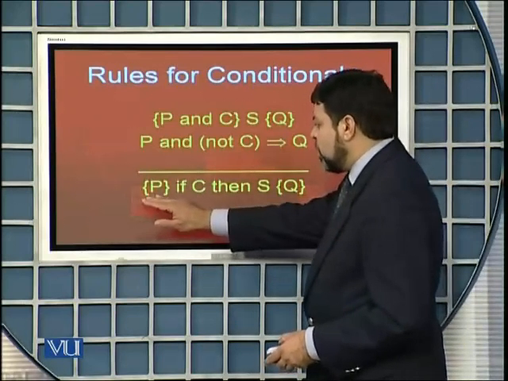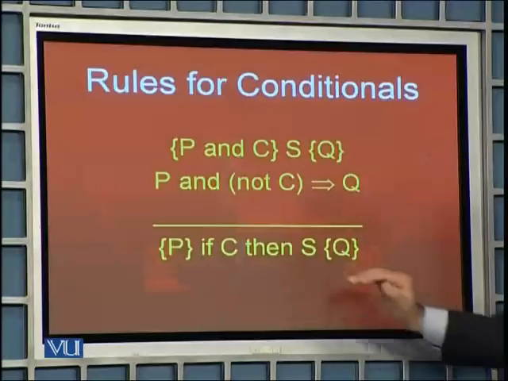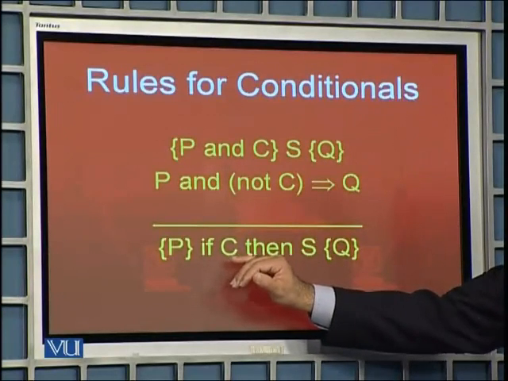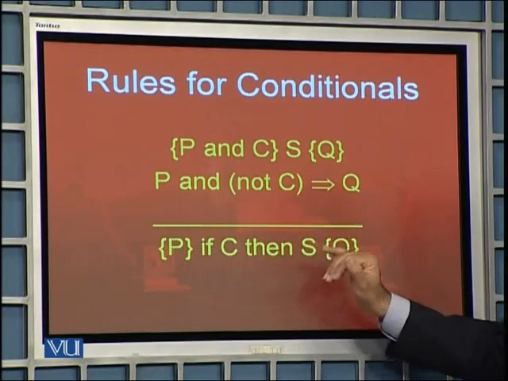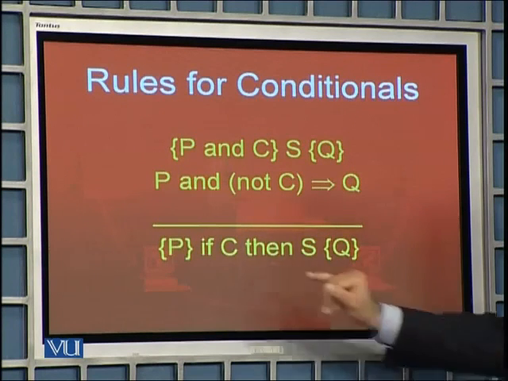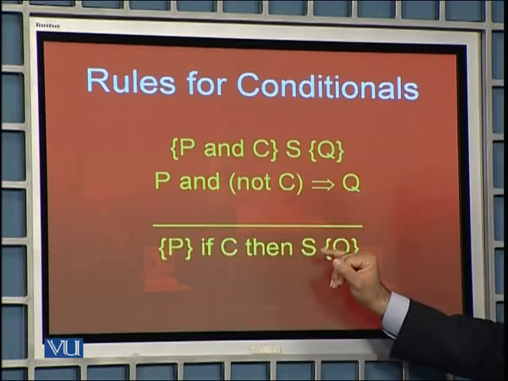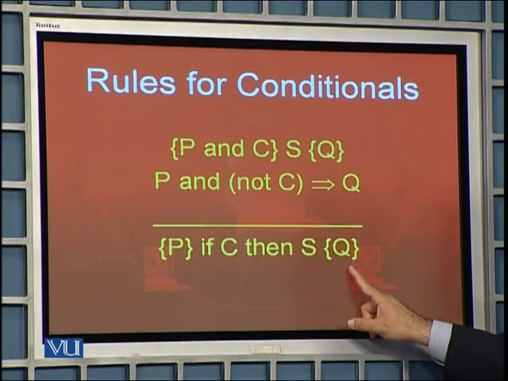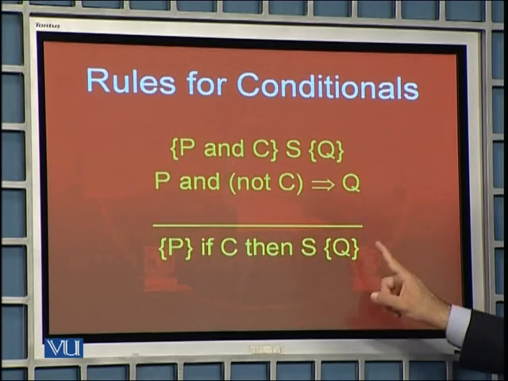P is given, the precondition is given and the post condition is given. Now if this condition is true, we will execute S and then we get Q, and if it is false, then we will not execute S, but we have to get Q since Q is our post condition.